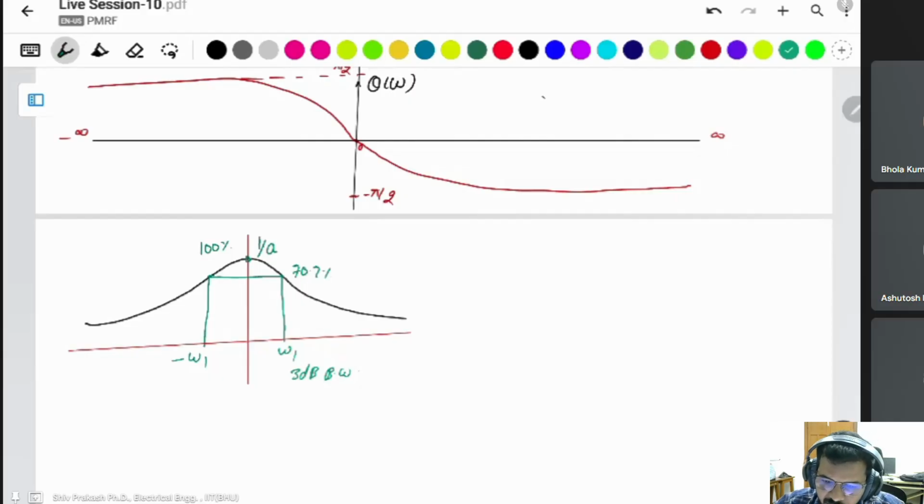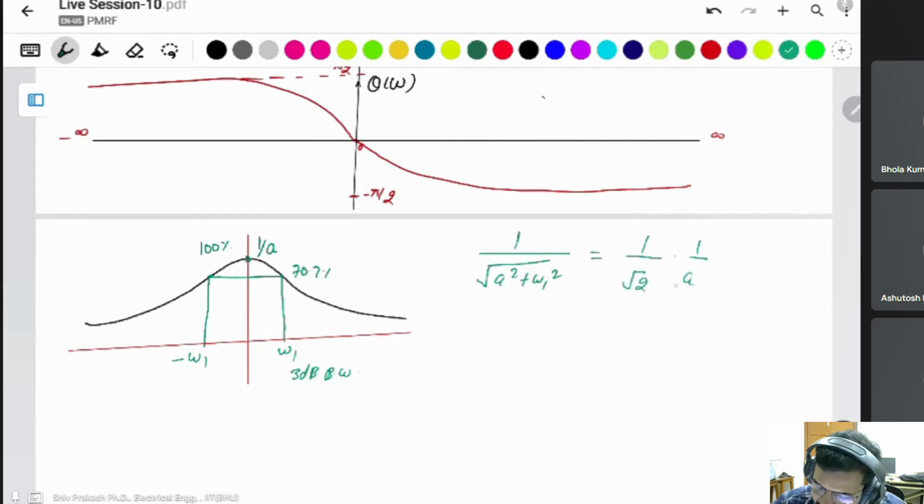It means the omega value is the same as the magnitude of this one. This will be 1 by root of a square plus omega 1 square, which is 70% of the whole magnitude, it means 1 by root 2 into 1 by a.